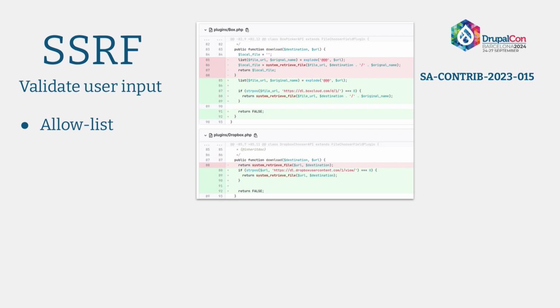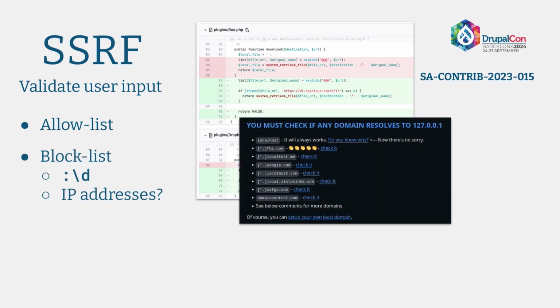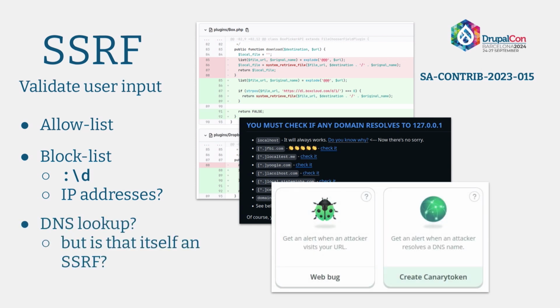So you might want to allow list the protocol and the URL, just make sure that if you're expecting a URL for YouTube, it actually looks like an HTTPS URL for YouTube and not something completely different. You might try and block IP addresses from that previous example, but there's nothing to stop an attacker having public DNS records that resolve to whatever IP address they want. So just blocking IP addresses isn't much of a defense.